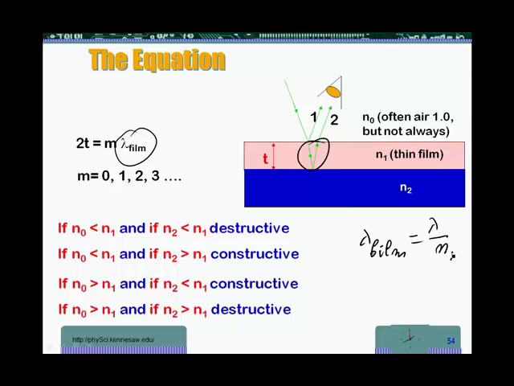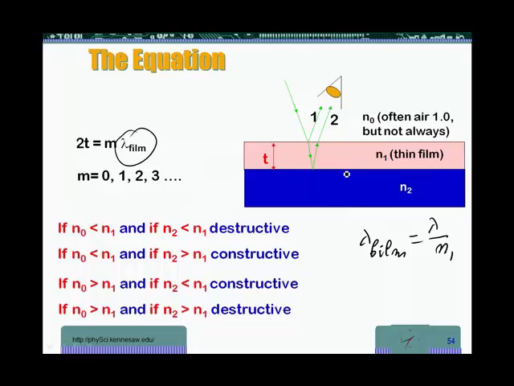Now, let's take different cases. If we start at a medium with an index of refraction n sub 0, usually we are talking about air, but not always, and we move to a medium where we have a larger index of refraction, n0 smaller than n1, then the beam is going to slow down, so ray 1 upon reflection is going to be inverted.